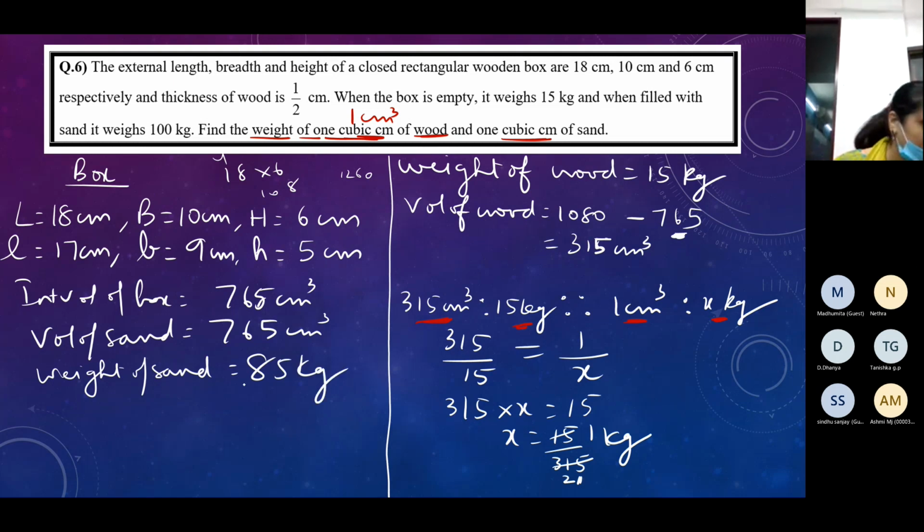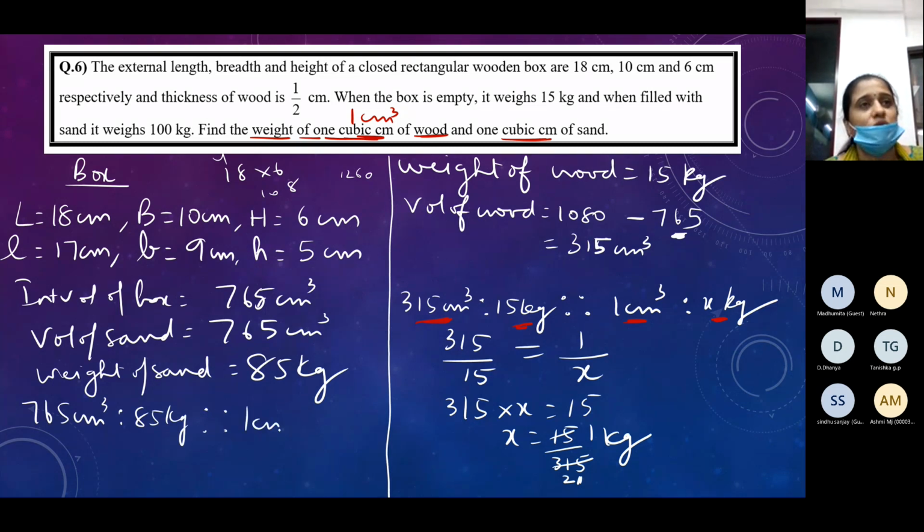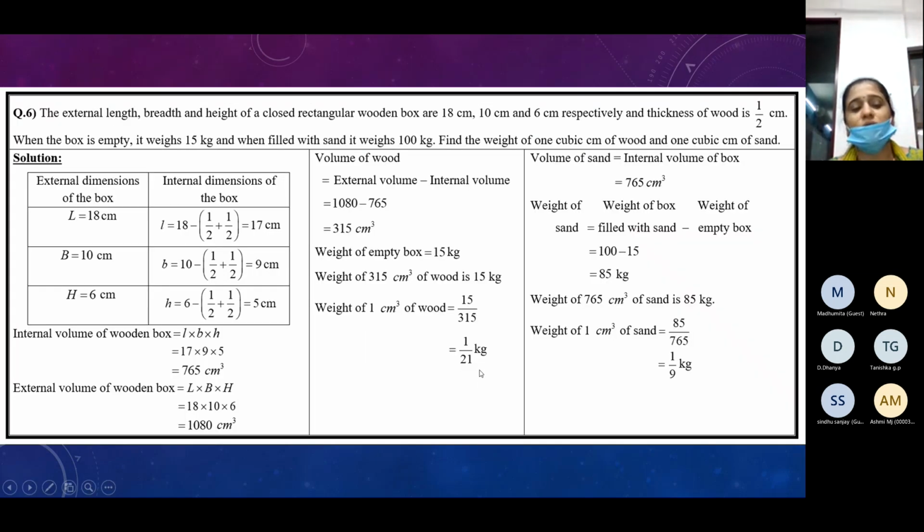So like this, again, you have to work. How should you work? 765 centimeter cube is 85 kgs. Then 1 centimeter cube is how many kgs? So like this, we find the weight of the sand and wood per cubic centimeter.